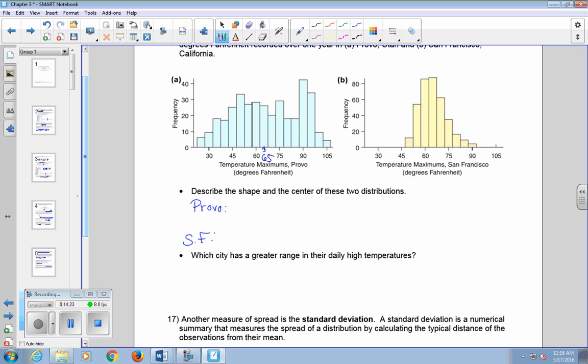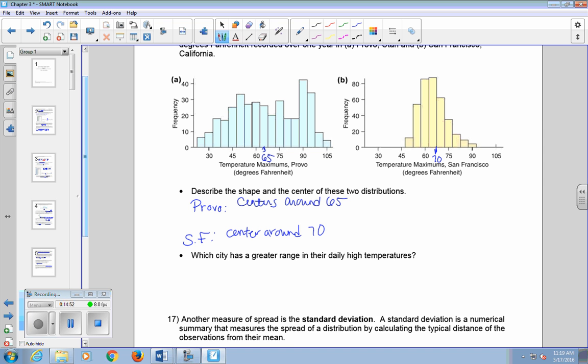And San Francisco, probably also maybe 65, 70 area. So Provo centers around 65, and San Francisco centers around 70-ish.